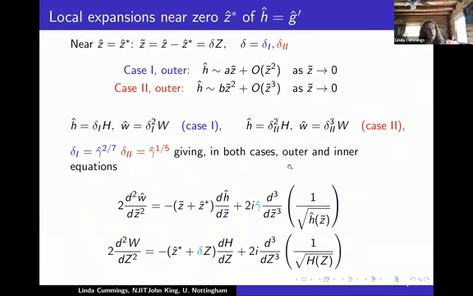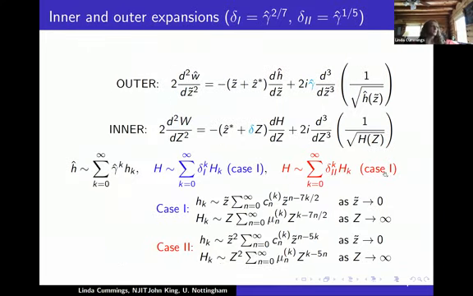And so in both cases, you can write down outer and inner equations. The outer equation in both cases is this ordinary differential equation here. The inner equation in both cases is the ordinary differential equation here, but delta is defined differently in terms of gamma hat in those two cases. So we have outer equation, inner equation, and you can sort of turn the handle.